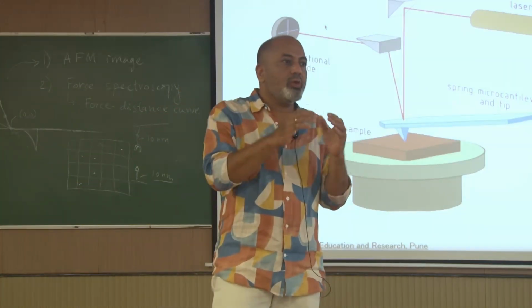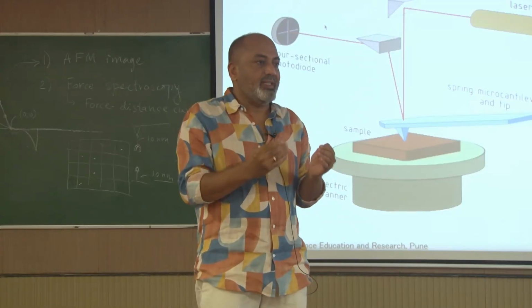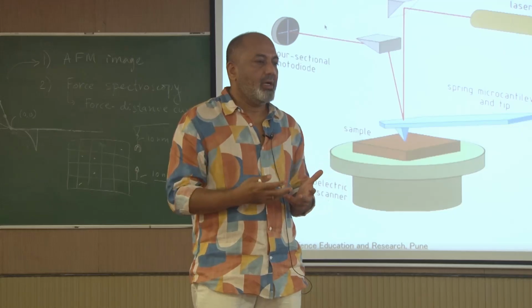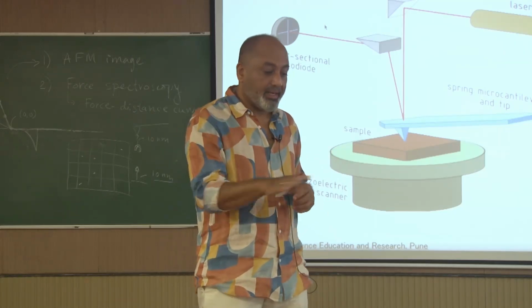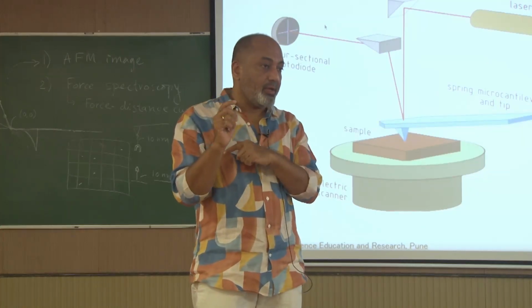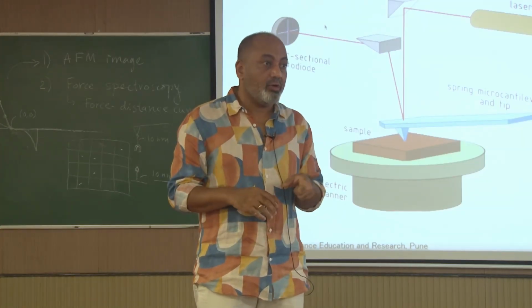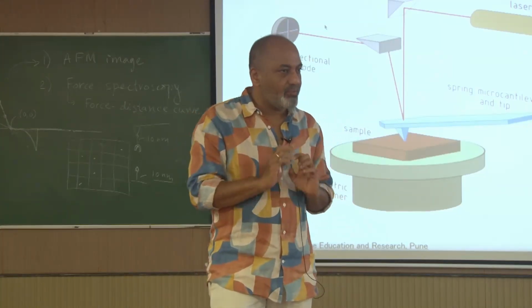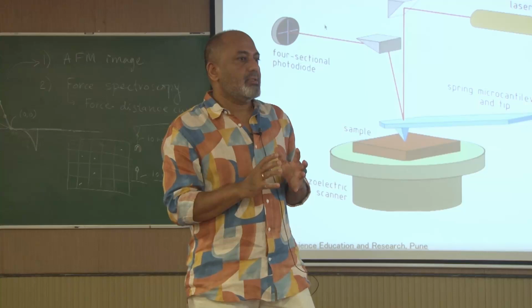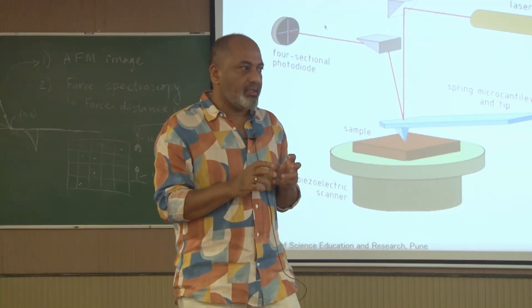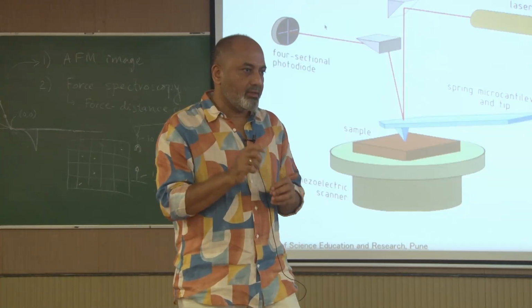People have put a bacteriorhodopsin there, taken an image, and then pulled on it, it comes out of that membrane, and then you take an image again, and that bacteriorhodopsin is not there, which means what you pulled previously was actually bacteriorhodopsin. So the interaction between domains is probed this way in a sequential unfolding.